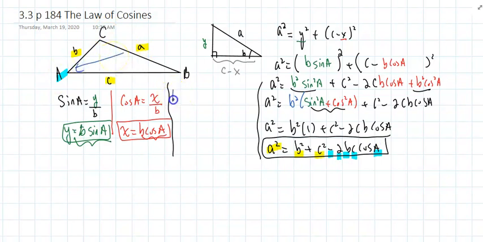Similarly, if I pick b squared, that would be a squared plus c squared minus twice ac, the cosine of the angle opposite of b. And if I was to pick c squared, that is a squared plus b squared minus twice ab, the cosine of the angle opposite of that. And that's pretty much the law of cosines.